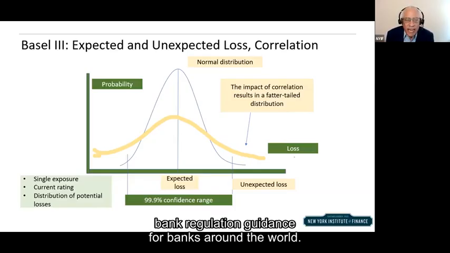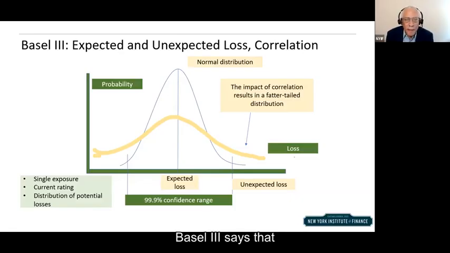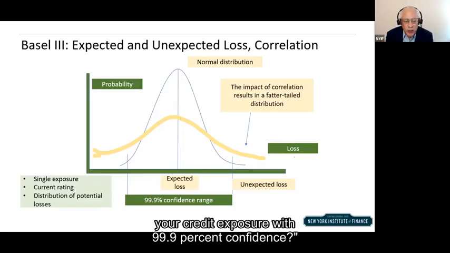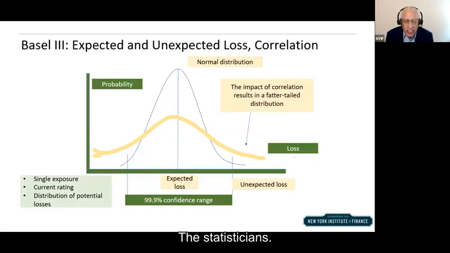Basel III, which is bank regulation guidance for banks around the world, says that unexpected loss is the result of a calculation. What Basel III says is: what is the worst that you can lose in that loan portfolio or in your credit exposure with 99.9% confidence? For statisticians, what that means is that we assume the distribution of losses as it relates to probability of default is a normal distribution. That's an assumption.